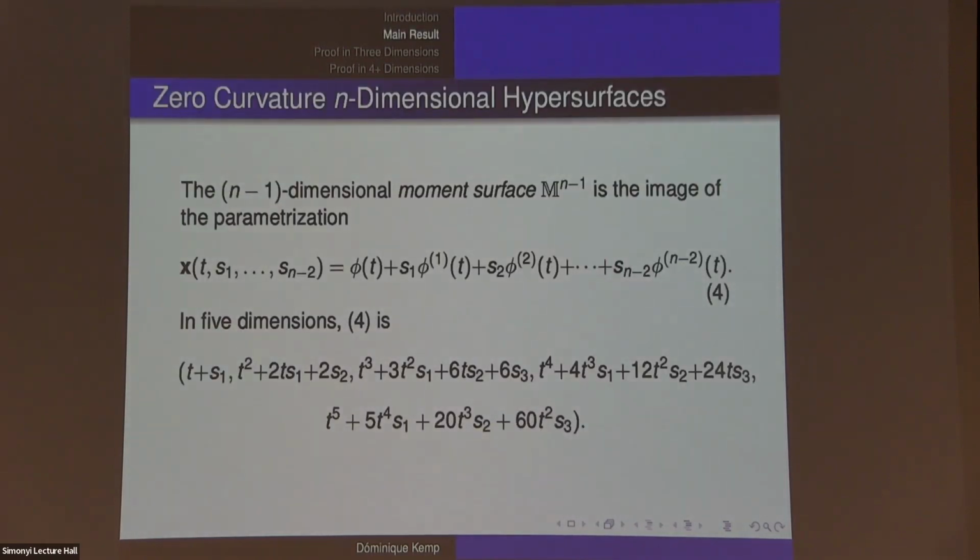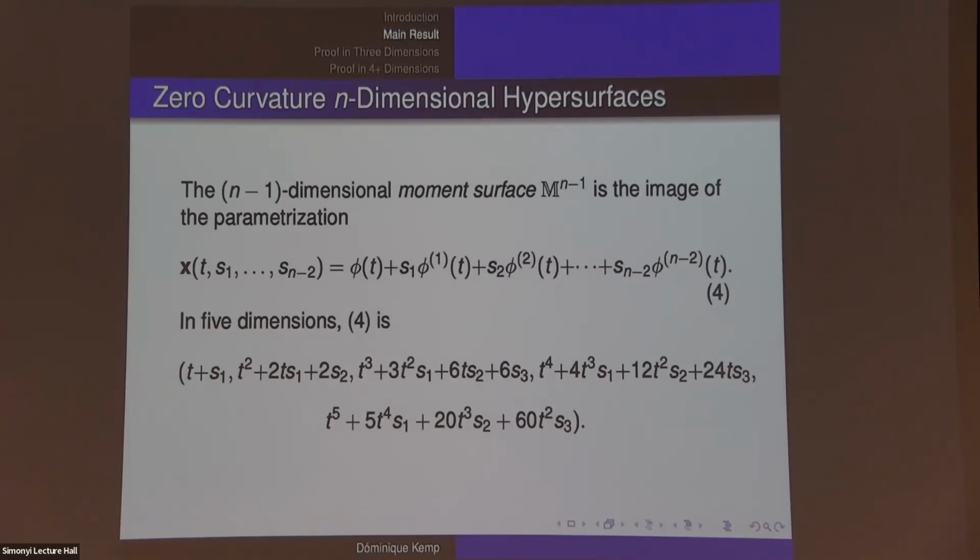Okay. Now the zero curvature n-1 dimensional hypersurfaces can be introduced by way of this n-1 dimensional moment surface, which is obtained by way of the moment curve. So we take the moment curve and then we look at the first n-2 derivatives of the moment curve. And then for each such derivative, we introduce parameters s_i that allow us to extend along the direction prescribed by that derivative vector.